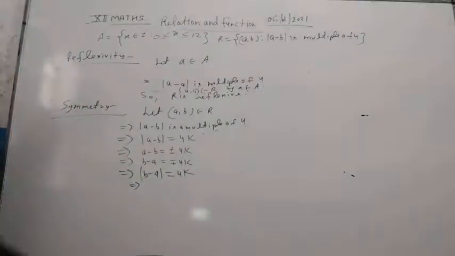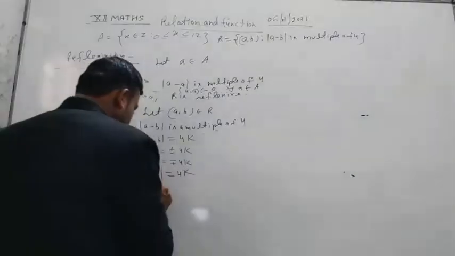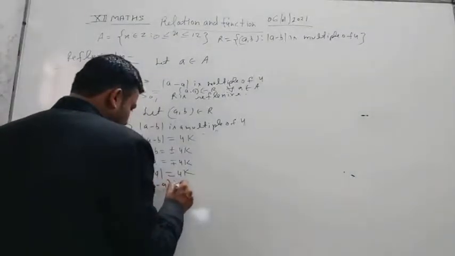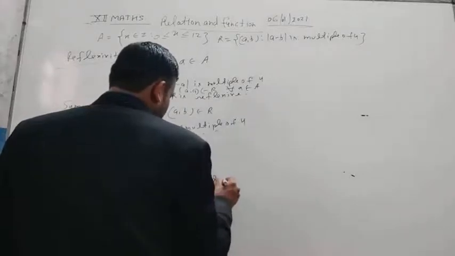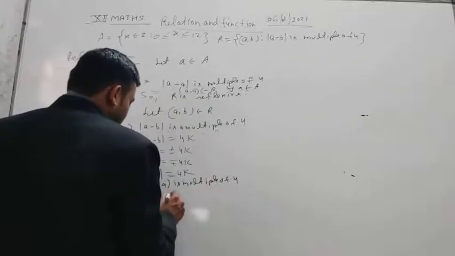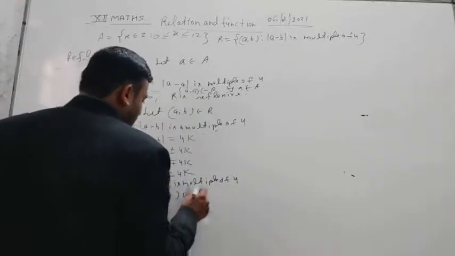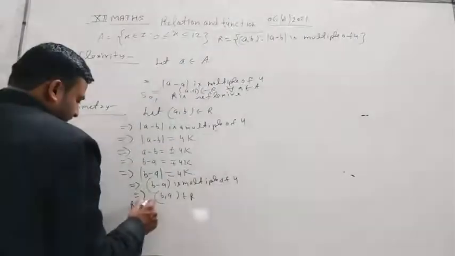This is also we can write, student. And if we are writing this, then we can say that B minus A is a multiple of 4. So BA belongs to R. So R is symmetric, we can say that.